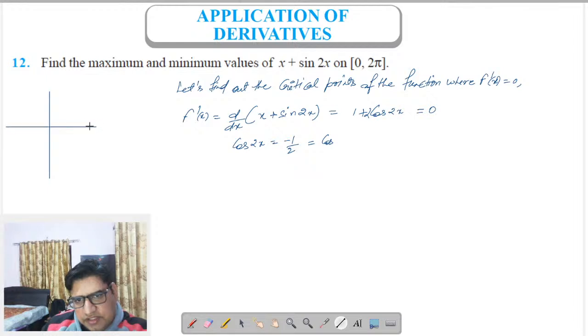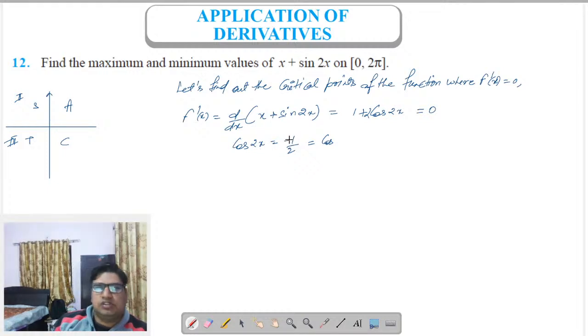As we look at the ASTC, it will be negative in these two quadrants, that is the second and third. And cos 2x is equal to minus 1 by 2, where 1 by 2 is pi by 3. So it will be pi minus pi by 3 and pi plus pi by 3.